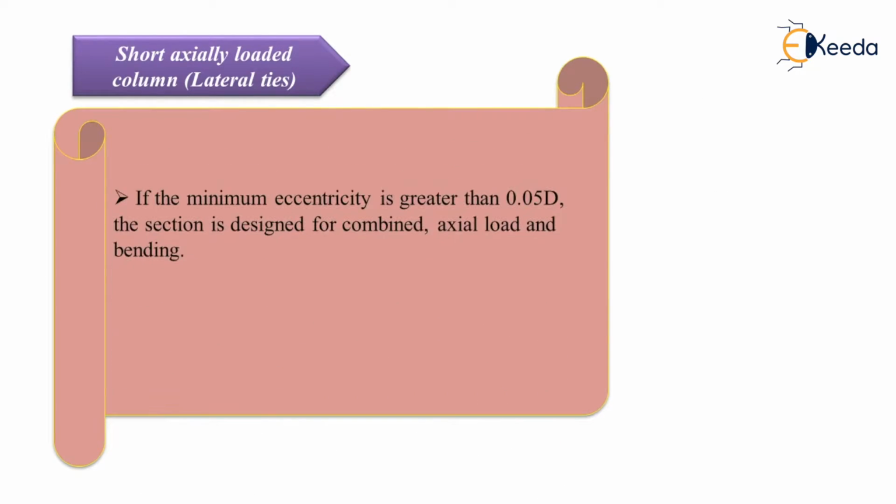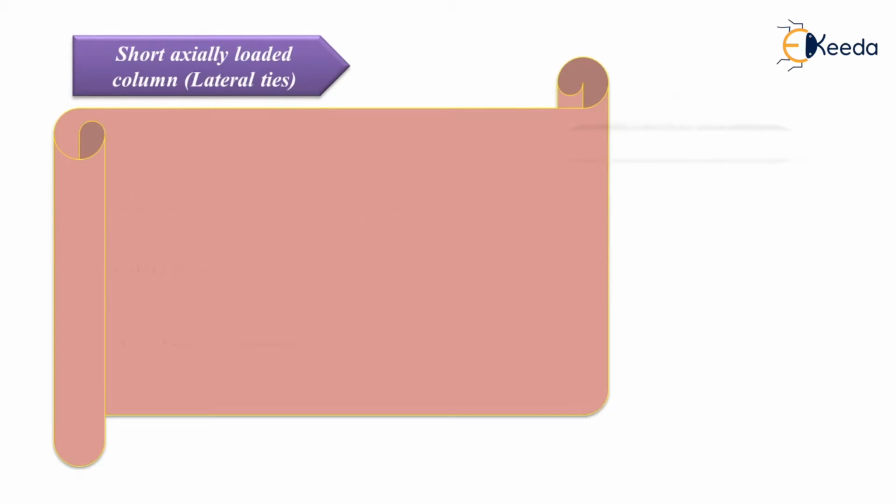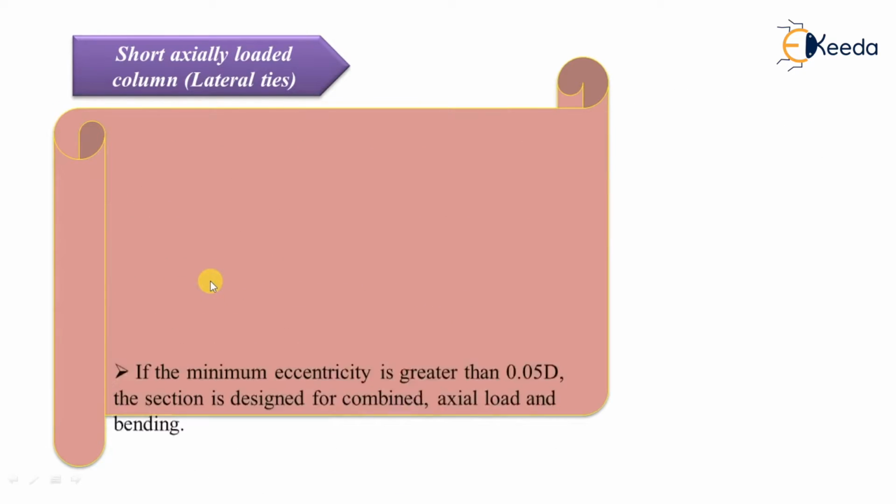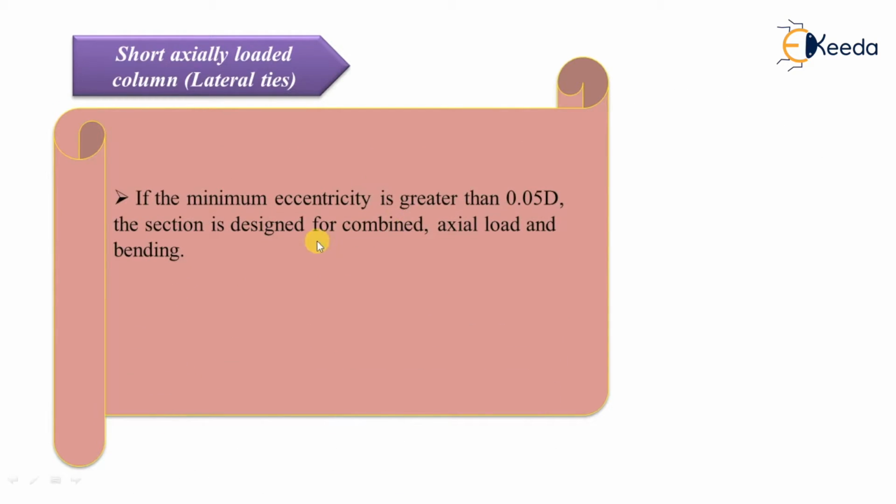So if the minimum eccentricity is greater than 0.05 D, then we have to design the section for combined axial and bending. Why? Because IS states that this formula of Pu can only be used if the minimum eccentricity does not exceed 0.05 times the capital D. And if it does happen, then we have to design the section for combined axial load and bending.